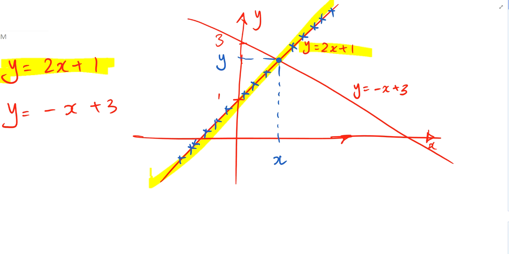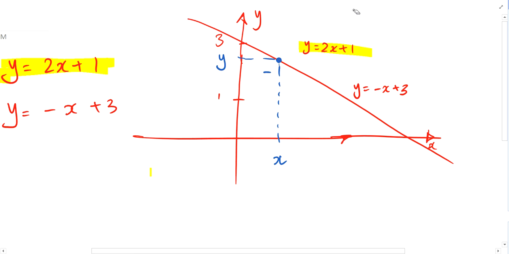Oh, cannot already. If I have only a few points, for example, my plotting only gave me 1 point, 2 points, and 3 points.